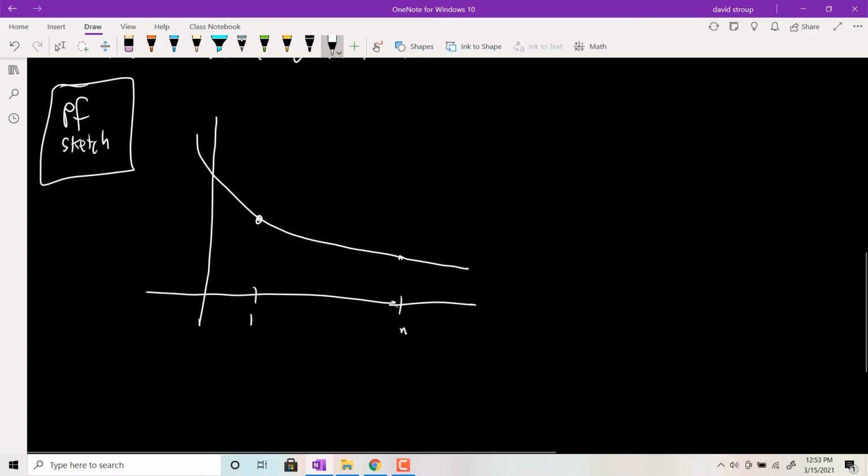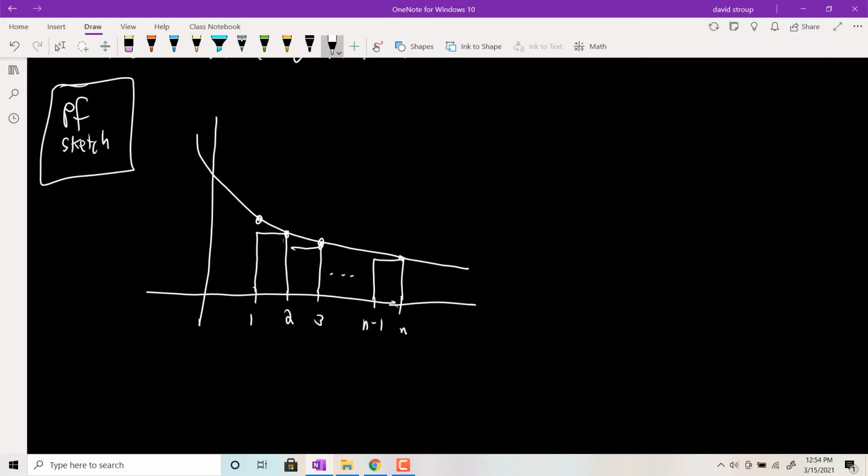So I need to use the right-hand endpoints to pull this off, and then on and on, all the way up to n. And this other endpoint would be n minus 1.